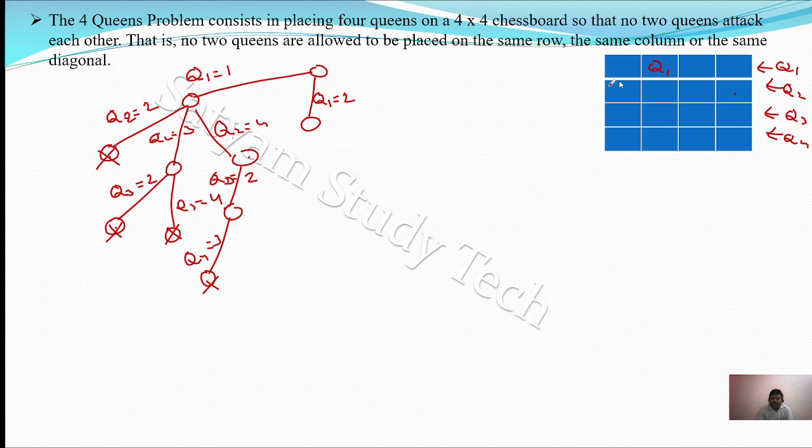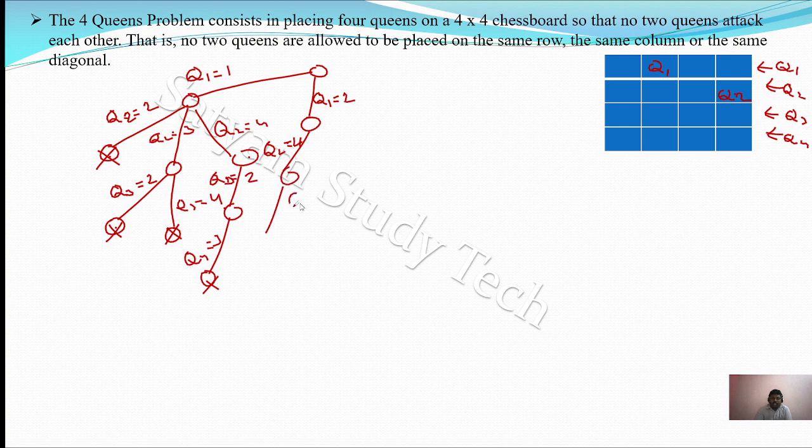Q2 is not placed here because it is the same column, so it cannot be placed. In the third column also Q2 is not placed, because of a diagonal attack. So Q2 is placed here, in the fourth column.